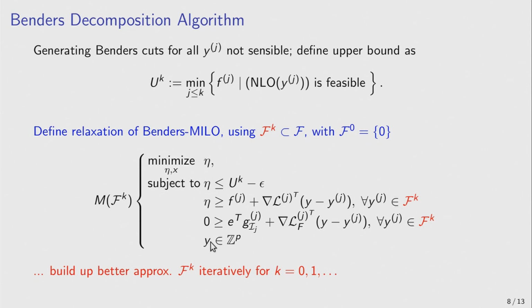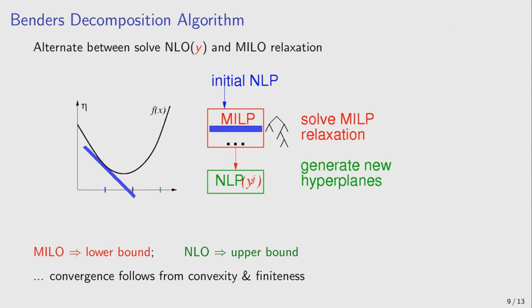And so the key is that we now have a relaxation where we only have a subset of the cuts that we generated, and we can solve this in an iterative algorithm. Here's a sort of cartoon of what's going on. I start off by having just one cut that I obtain by solving the initial nonlinear optimization problem at this point here, and I generate a supporting hyperplane on my nonlinear objective function f.